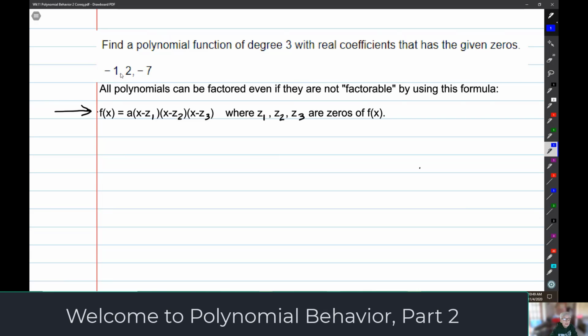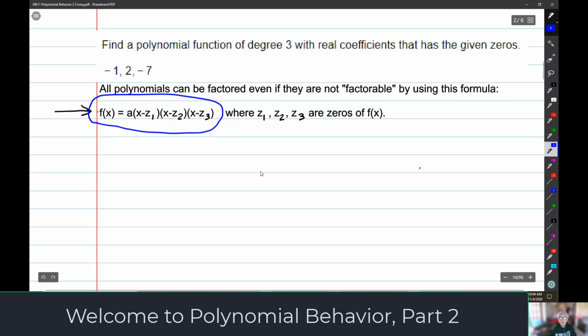Here, because we were given 3 zeros of this function of degree 3, I only made room for 3 zeros there. But this is the formula you use to take zeros, put them into factors, and then multiply the factors together to get the polynomial.